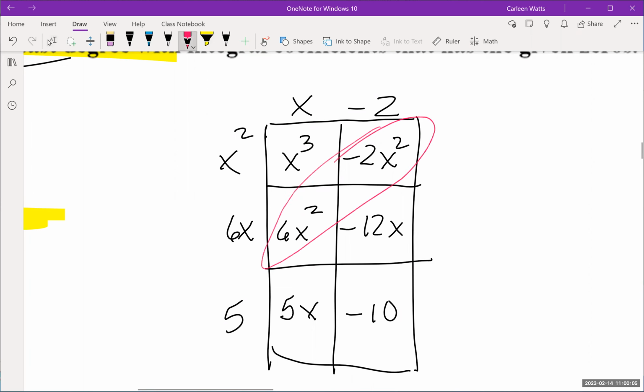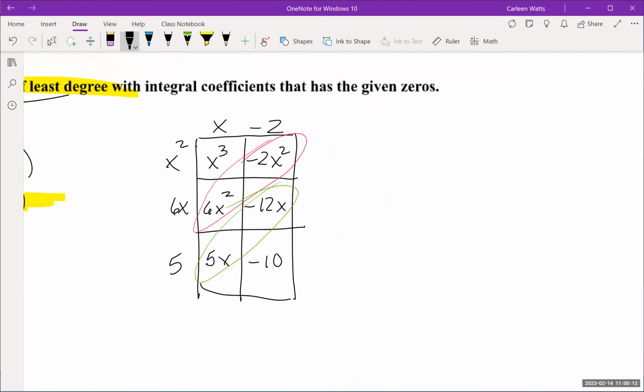Combine like terms. Final answer. X cubed plus, how many x squareds? 4. 4x squared minus how many x's? 7. 7x's minus 10.